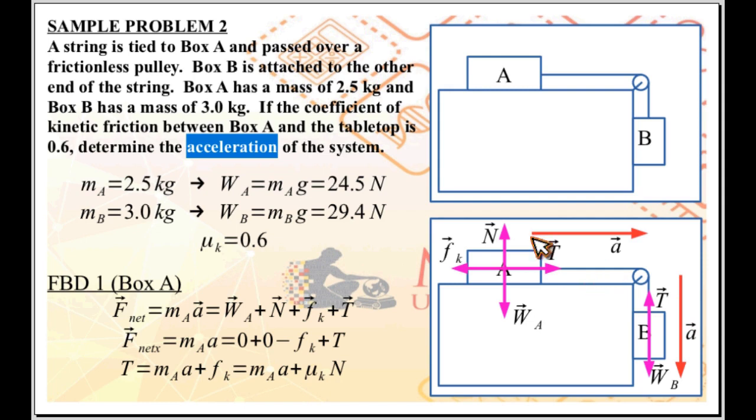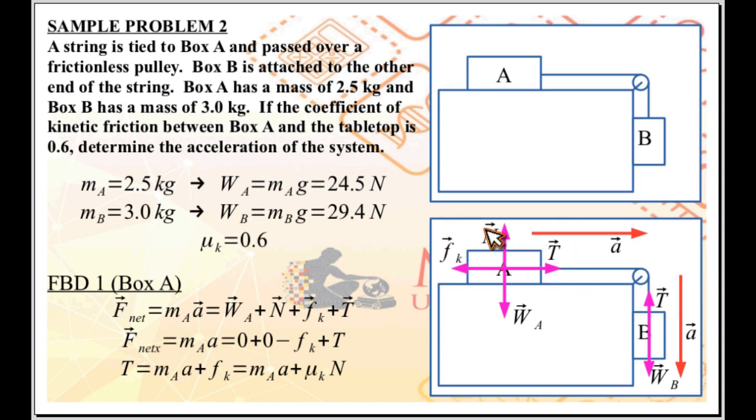Now that we have identified the forces, we have also drawn the free body diagram in identifying the forces. Let's now analyze these free body diagrams. This time we have an accelerating system, so we set F net to MA.